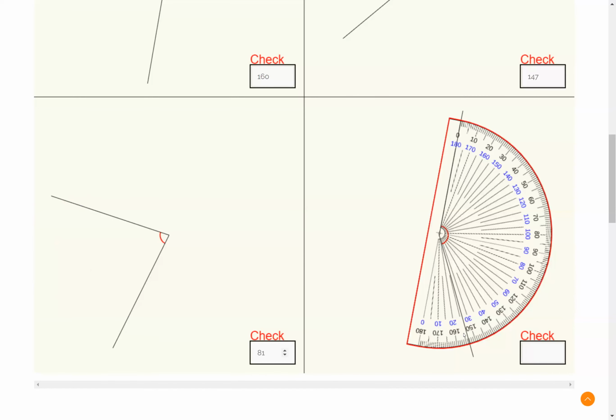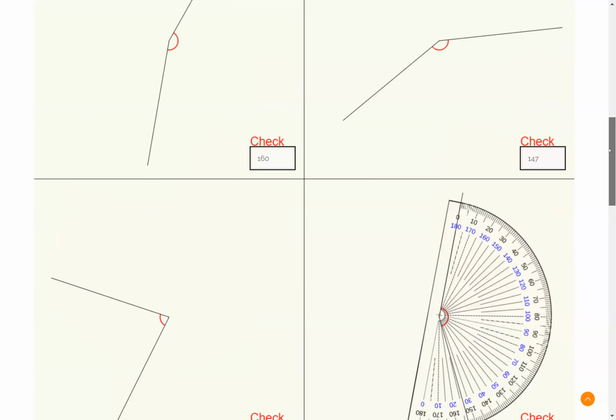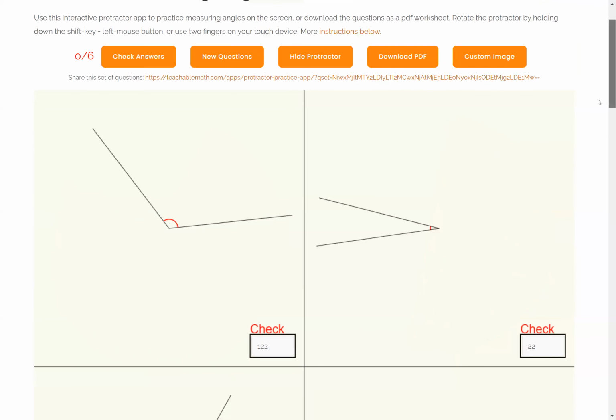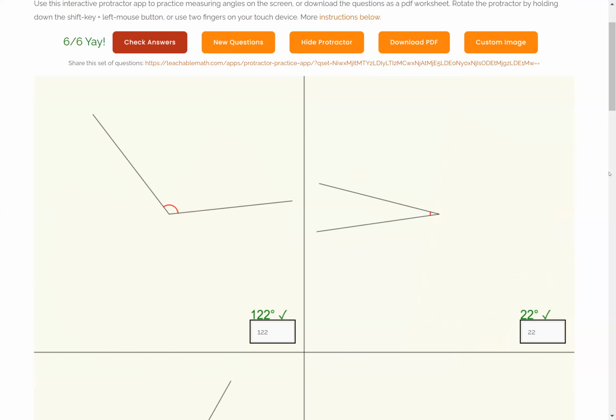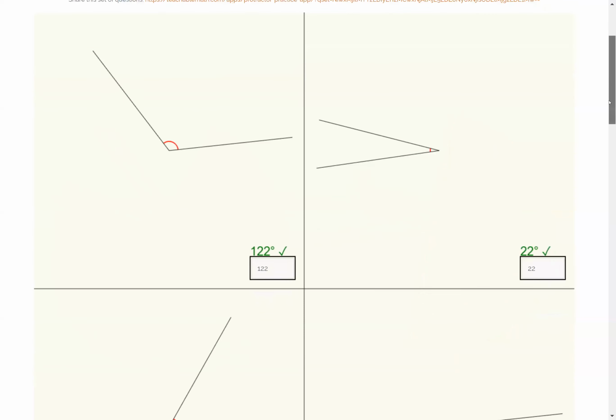It's between 150 and 160. It's not quite at 155. It looks like it's around 153. So 153 is what I'm going to type in, crossing our fingers. Let's see. I'm going to check my answers. Yay! I got 6 out of 6.